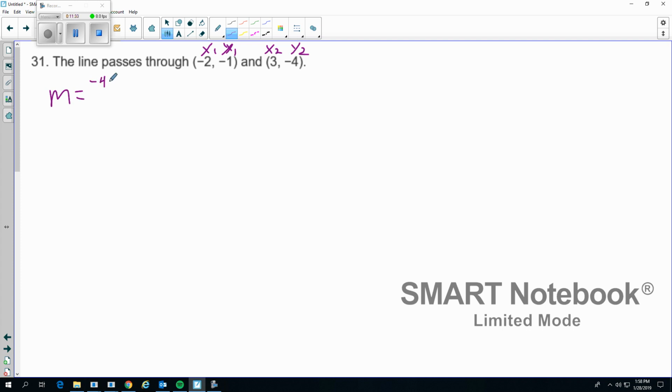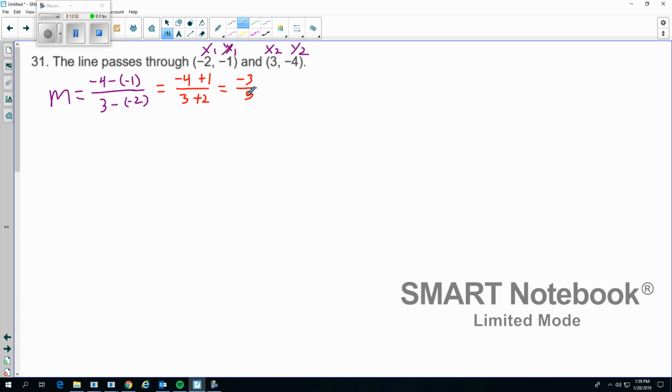So let's see, -4 minus -1 all over 3 minus -2. All right, so I got some double negatives I need to kind of clean up. So -4 plus 1 over 3 plus 2. So I'm ending up with -3/5. All right.